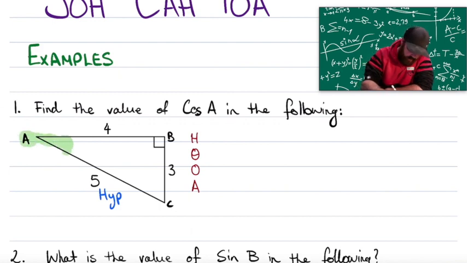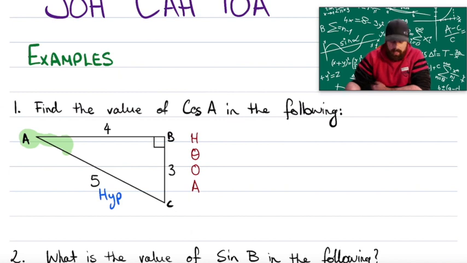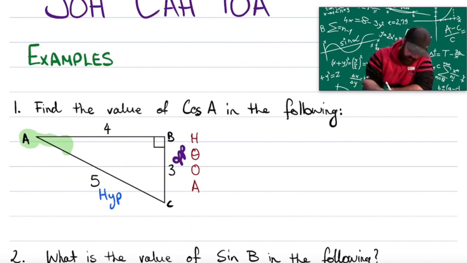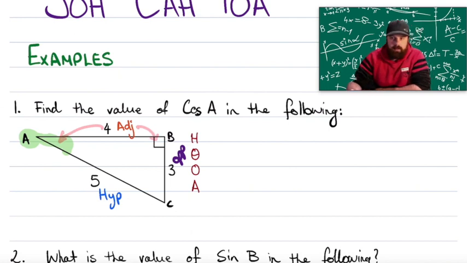Our reference angle was all the way over here at angle A, cos of A in the question. So there's our reference angle, which makes 3 over here the opposite side, and it makes number 4 the adjacent side, again because it's next to the reference angle and next to the right angle. So we've labelled our triangle.